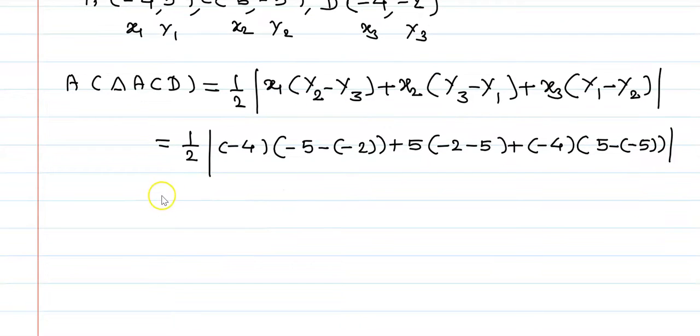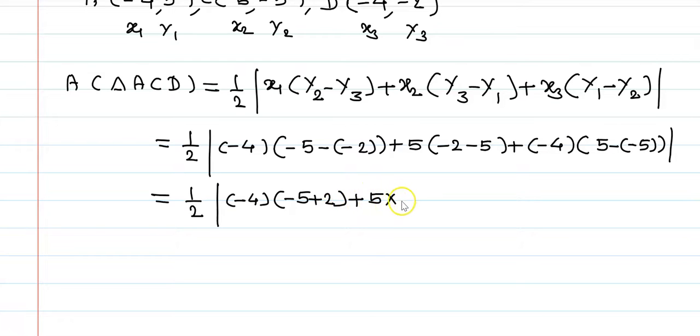Okay, here 1/2, -4, and here you will have -5 plus 2, 5 into -7, -4 into in bracket 5 plus 5.